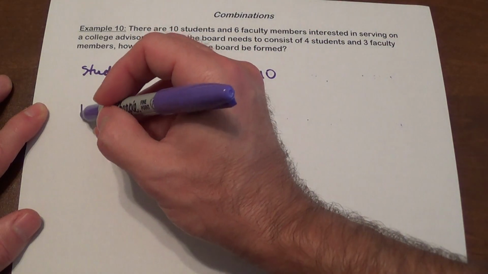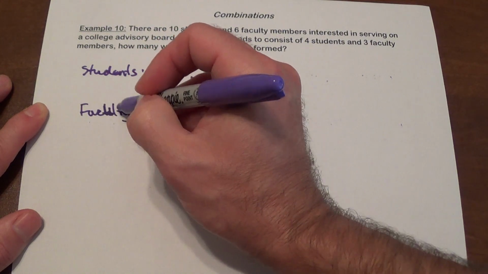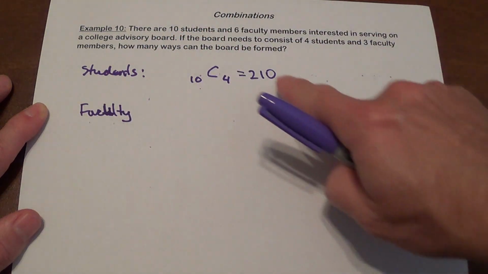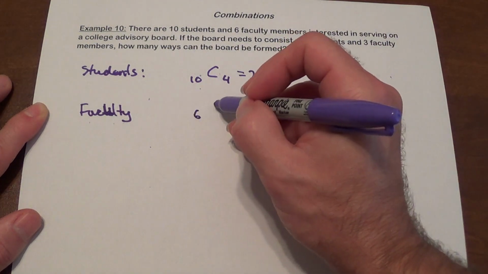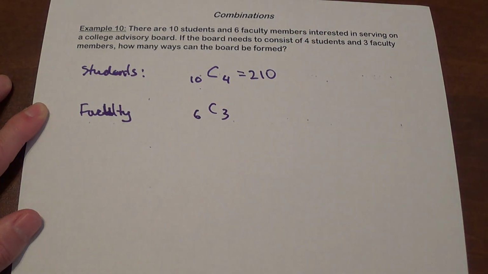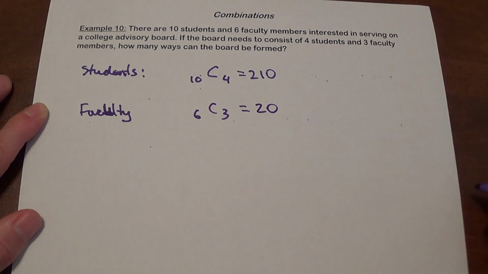Then we're going to do faculty. We have 6 faculty members who want to do it. We only need 3. That's going to be 6C3, and it's going to be a total of 20 different ways.